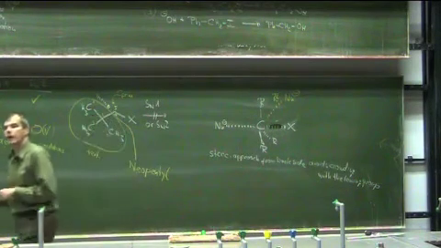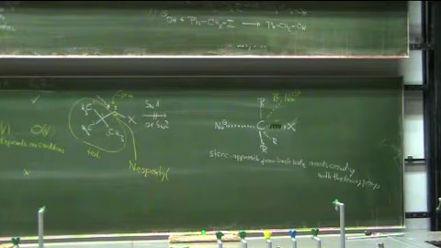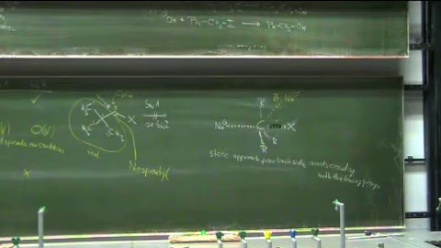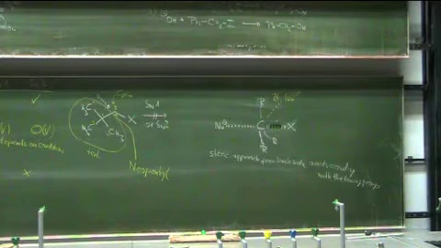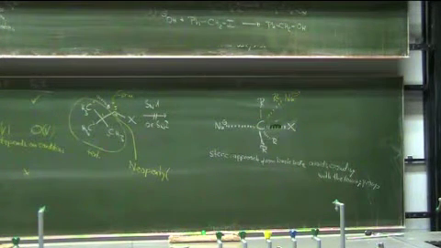Is there an electronic argument for the backside attack? Yeah, the leaving group is fully electronized. So the nucleophile was now negative.